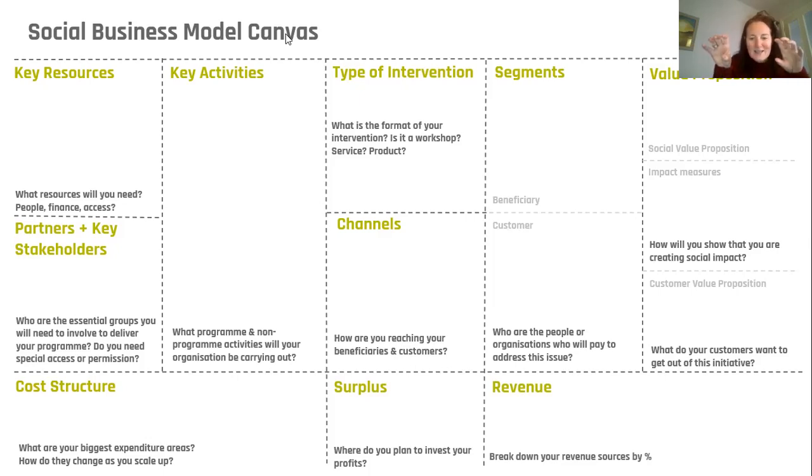Are there grants in there? Are there commissions and contracts? It's looking at where your revenue is coming from. Sometimes it's helpful to break it down as a percentage, and you might get asked in a funding bid what your percentage of sales, contracts and grants is. It's not unusual for them to ask that.